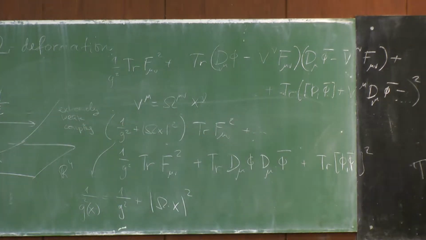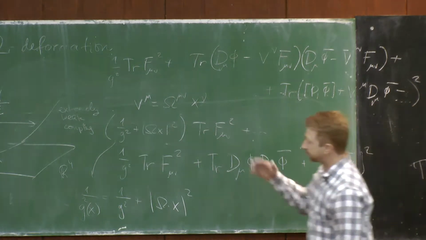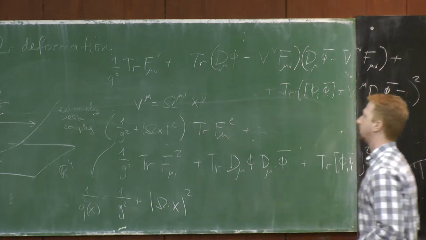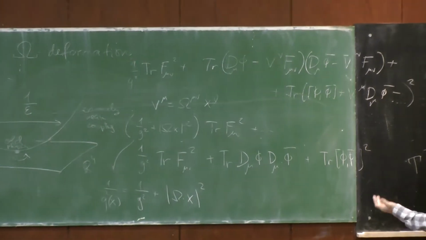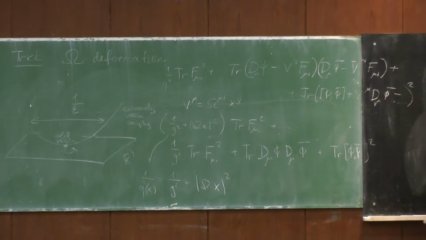So why is it important? Well, we are ultimately after trying to integrate over the moduli space of instantons. So we want to take into account the instanton effects in some efficient manner.